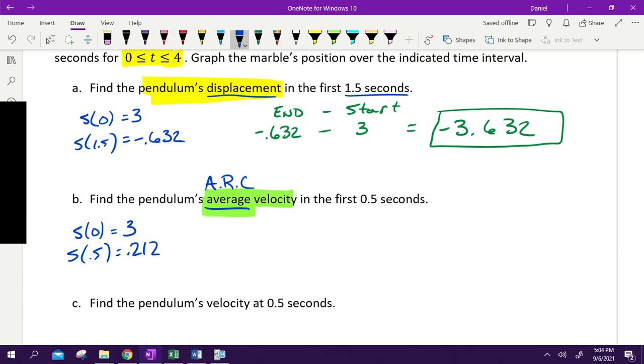If I know position and I find the average rate of change of position, if I find the slope of position, we're going y sub 2 minus y sub 1 over x sub 2 minus x sub 1. If I find the slope of position, that tells me average velocity. That is going to get me my answer here.